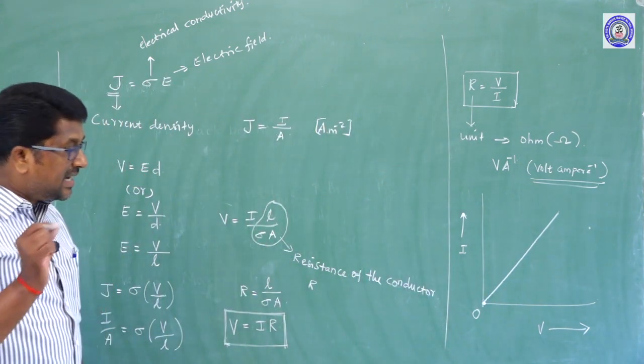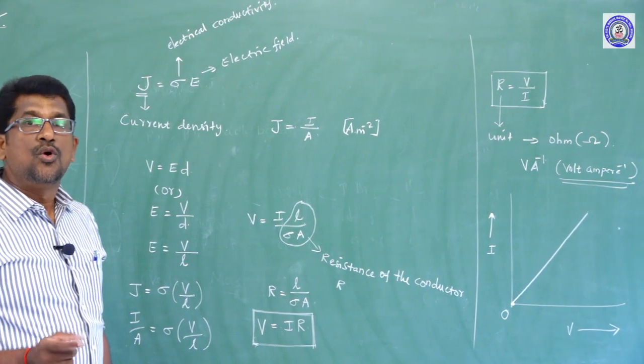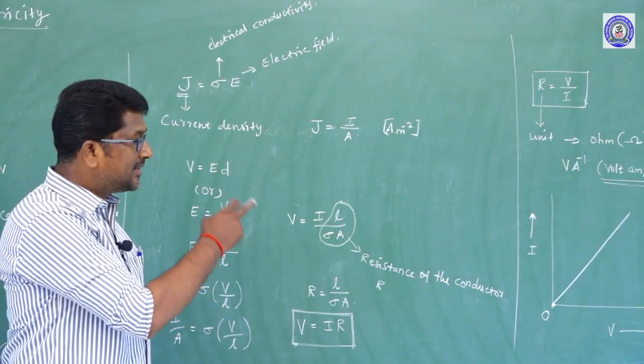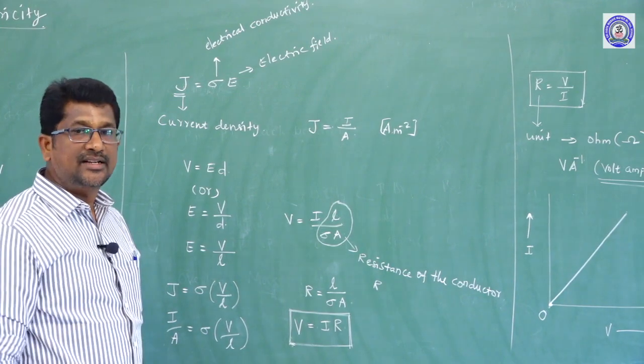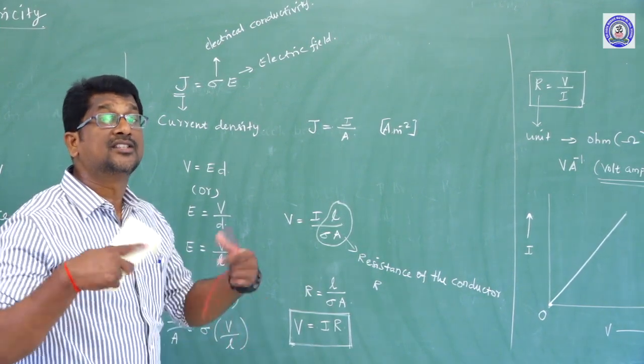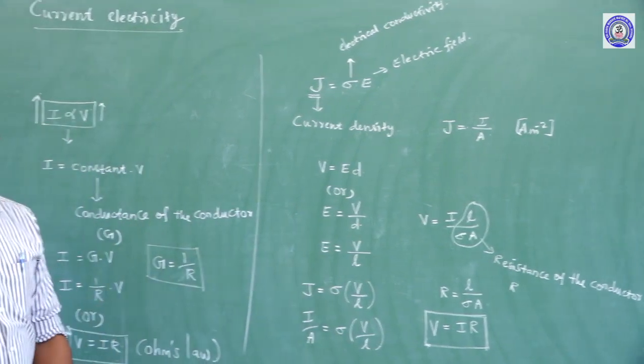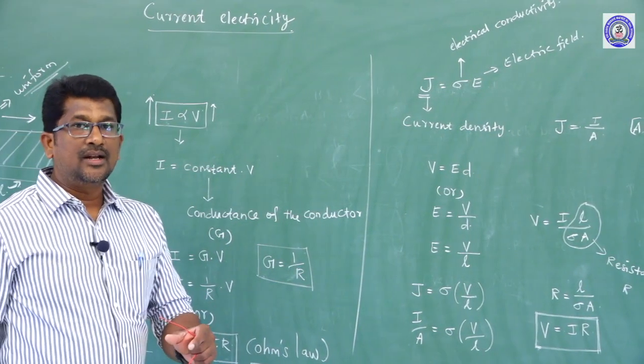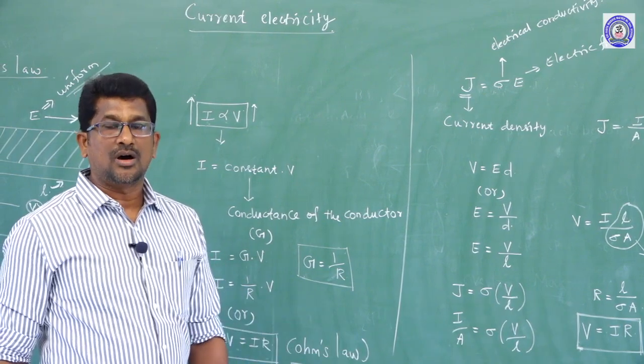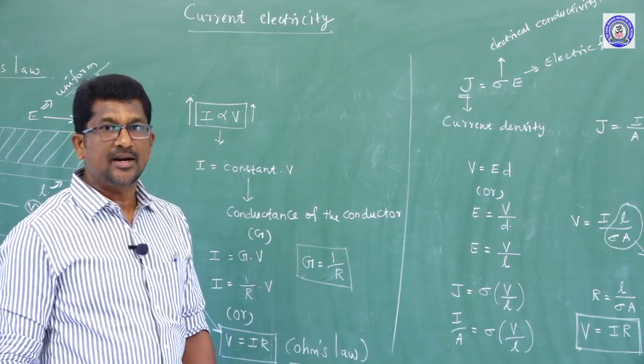right. So, the materials for which the voltage-current graph is a straight line are said to obey Ohm's law. The materials which obey Ohm's law are called ohmic materials.